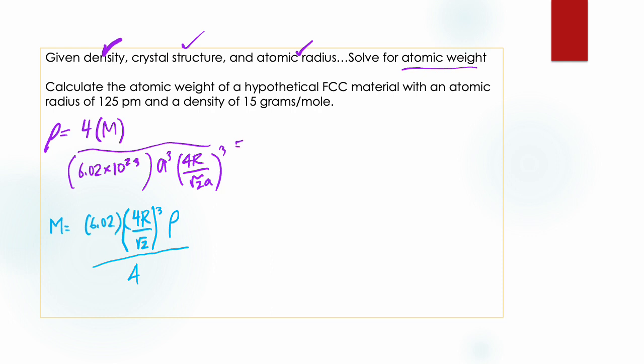Yep, and then I need to convert those picometers to centimeters. So I'm going to have 10 to the 10 picometers per centimeter cubed. So for this example, atomic mass, and it should end up with grams per mole, is equal to 6.02 times 10 to the 23rd atoms per mole.